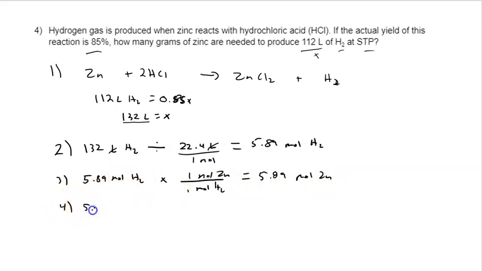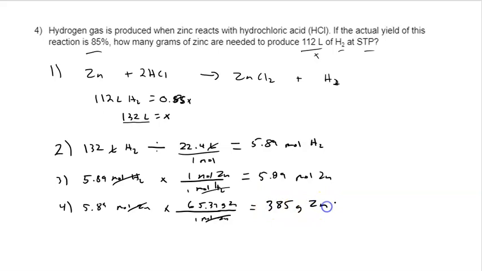So I'm going to go 5.89 moles of zinc times 65.39 grams zinc per 1 mole zinc. And I should get 385 grams of zinc. Skadoosh.